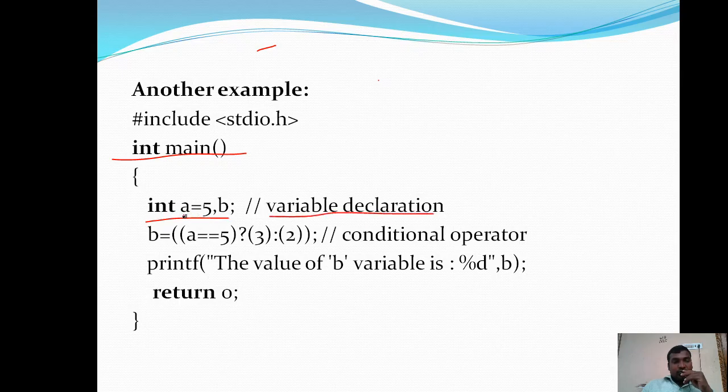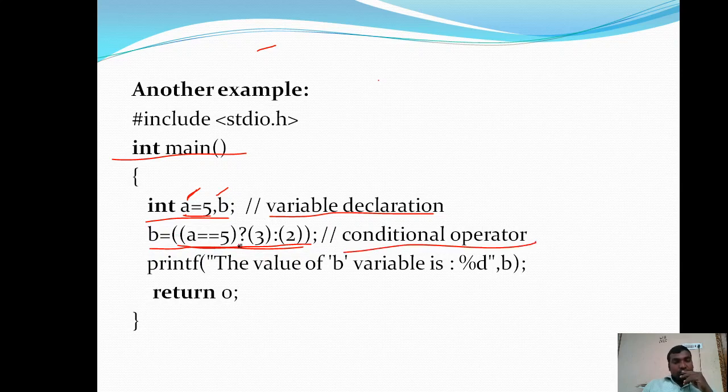We are declaring two variables, a and b, and assigning the value 5 to variable a, so we are not only declaring but also assigning the value to a. Then I am assigning b some value. That value is based on the result of this ternary expression, or conditional expression. So here I am using the conditional operator.